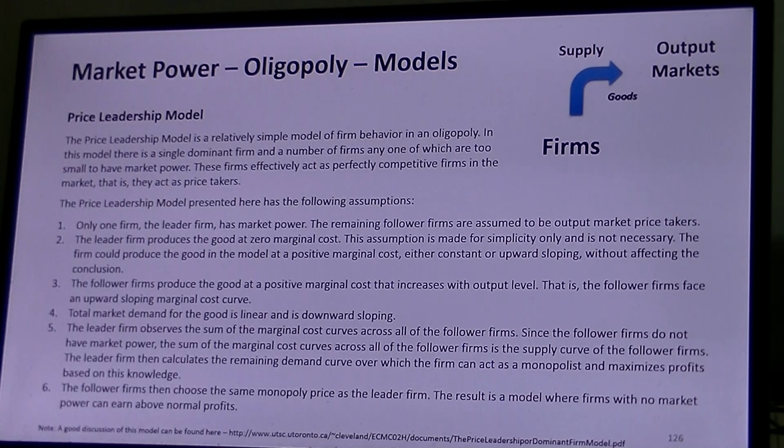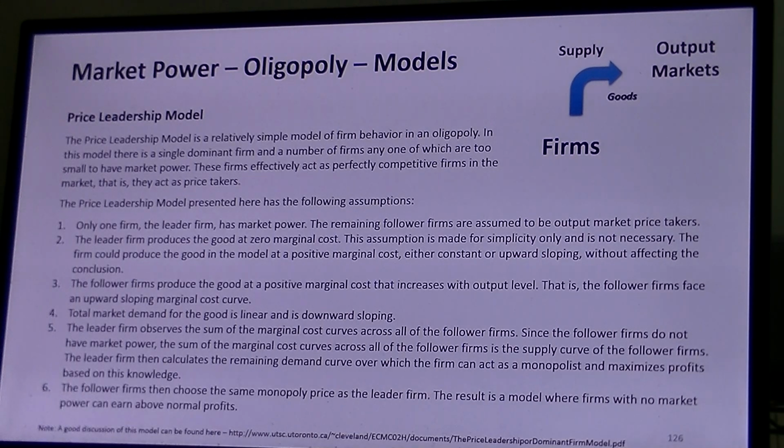And in fact, the outcome will be similar to an oligopoly in that there will be a monopoly price, that the follower firms will price their product at an outcome that is based on the monopoly choice of the dominant firm.